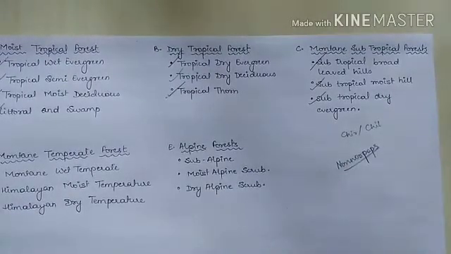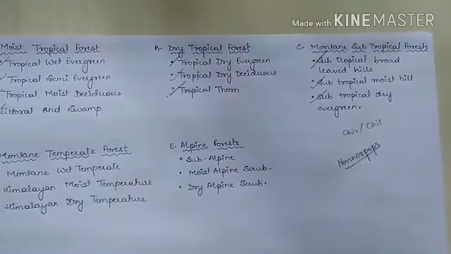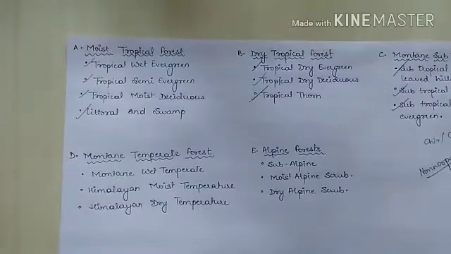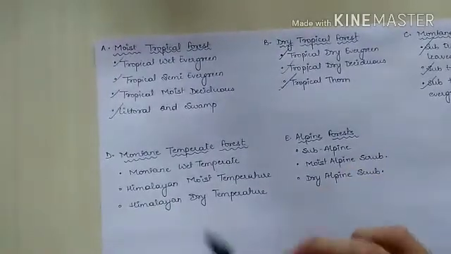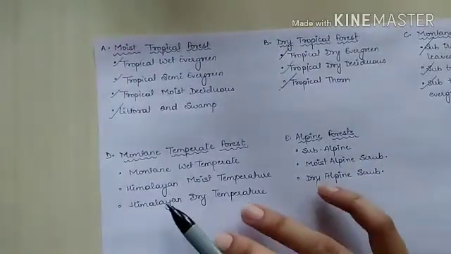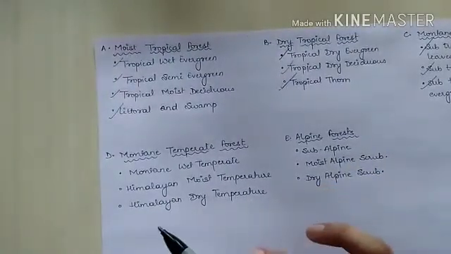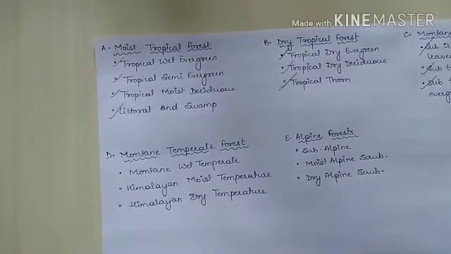So this was about montane subtropical forest. Then next we have montane temperate forest. In montane temperate forest we have three types: montane wet temperate, Himalayan moist temperate, and lastly Himalayan dry temperate.